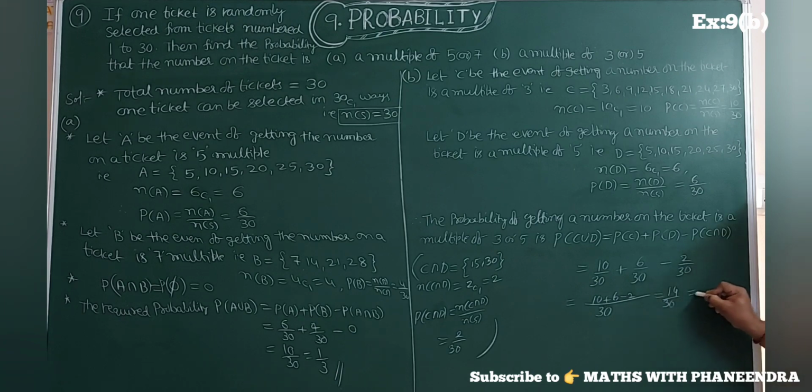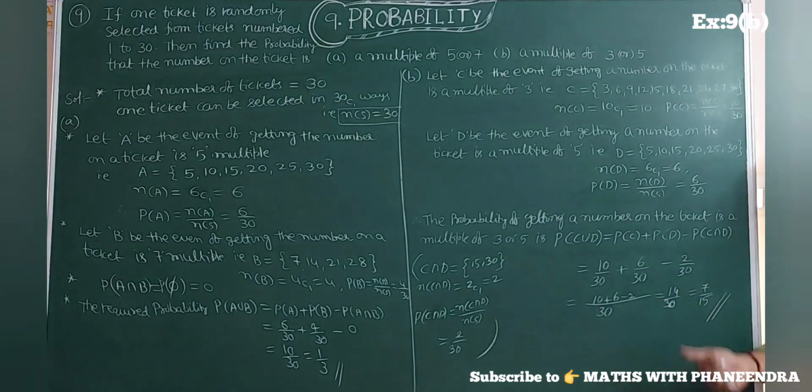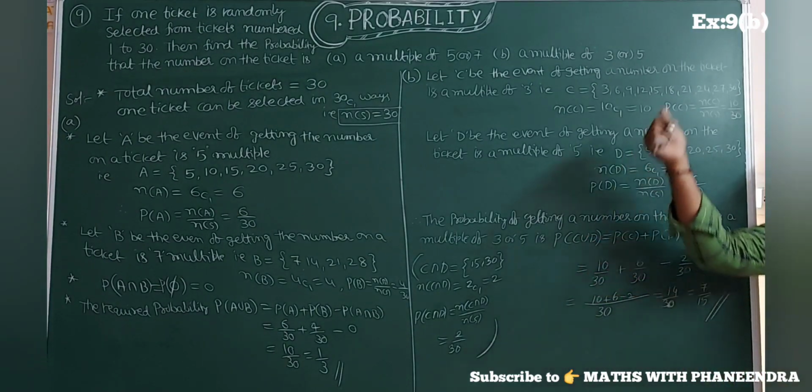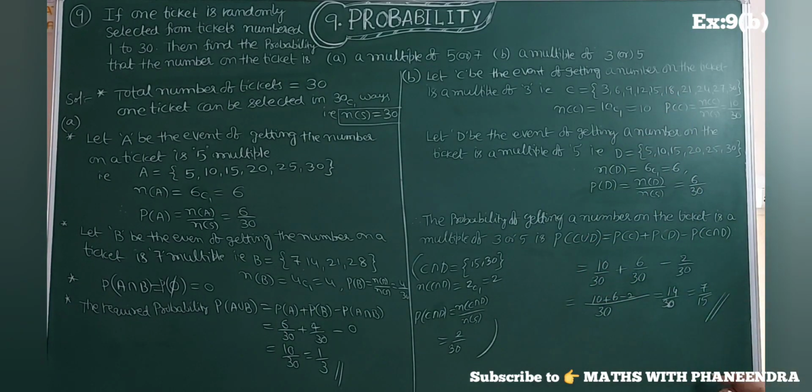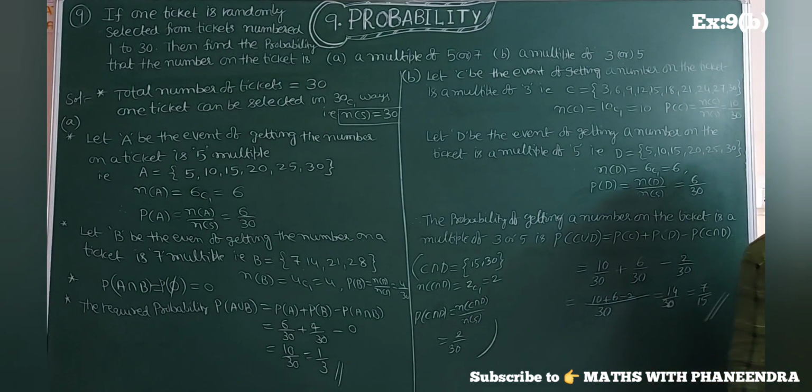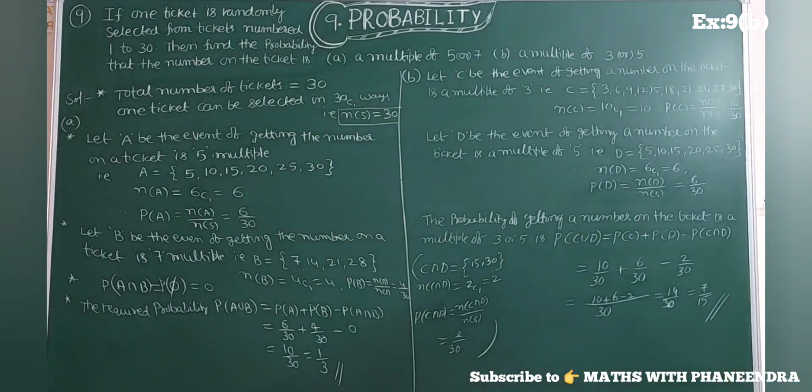By 2 table, 2 sevens are 14, 2 fifteens are 30. Therefore, the required probability, that means the probability of getting the number on the ticket is a multiple of 3 or 5 is 7 by 15. I hope you understand, dear students. We will move on to the next question.